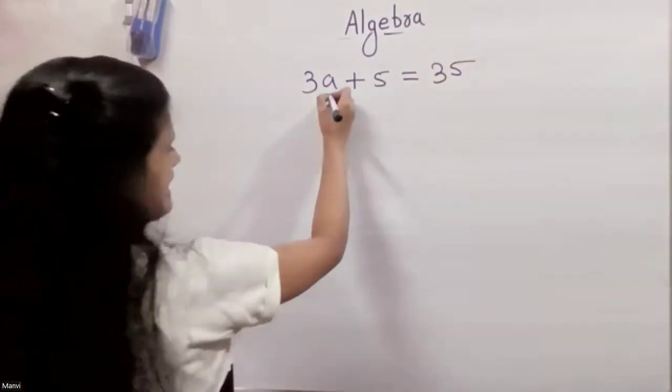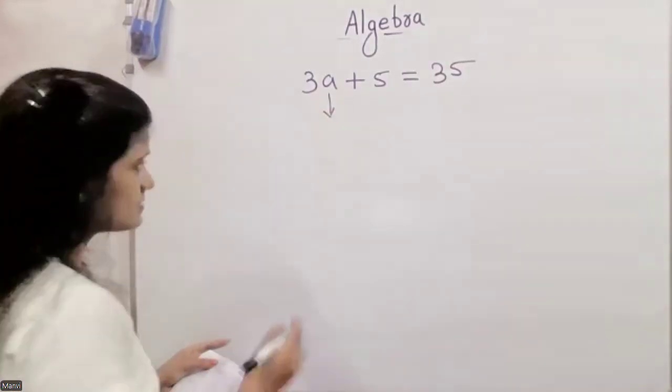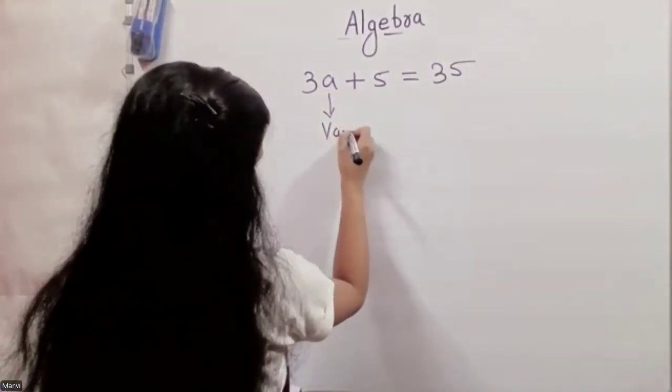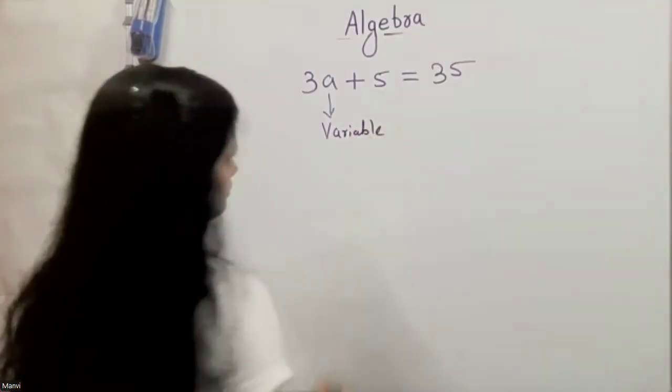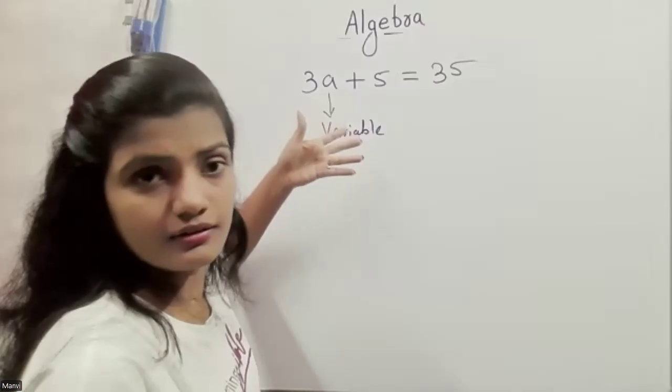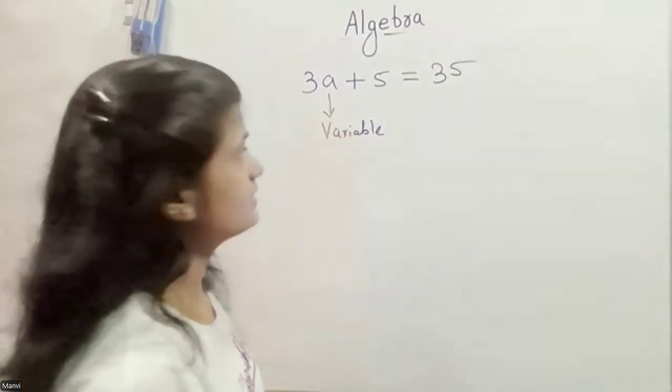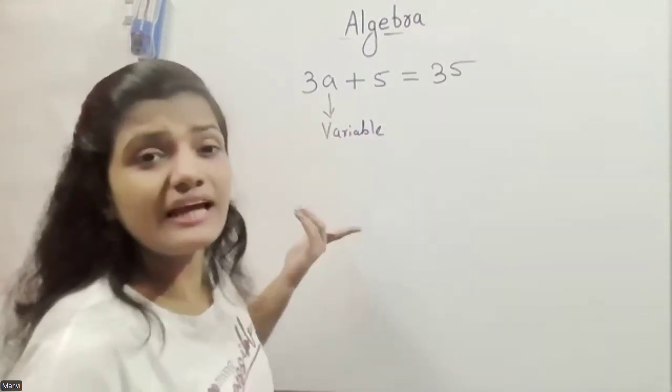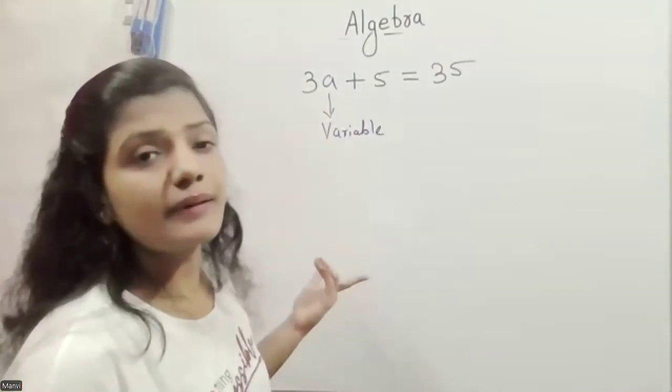This is a variable. Why do we say variable? Because it may vary. It may be 1, 2, 3, anything. It depends on the equation.